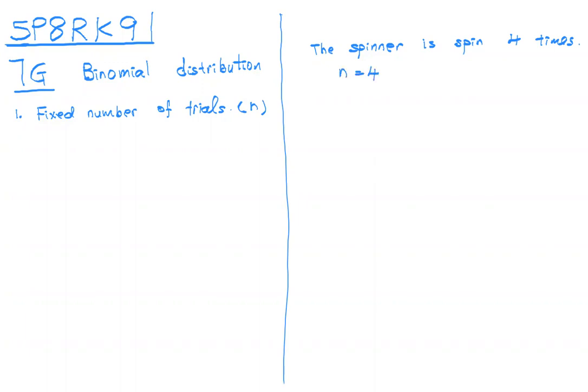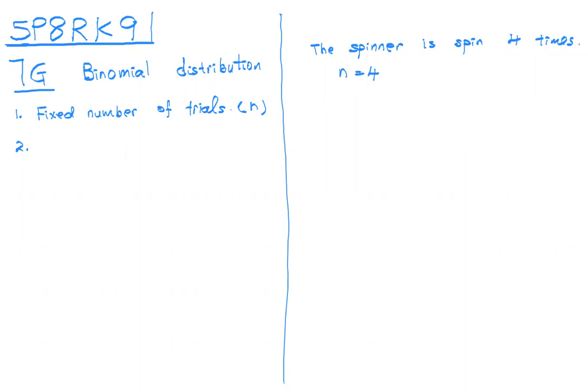Okay, now the second criteria. What should you talk about for the second criteria? If you look at your textbook, it says if we repeat this experiment in a number of independent trials.